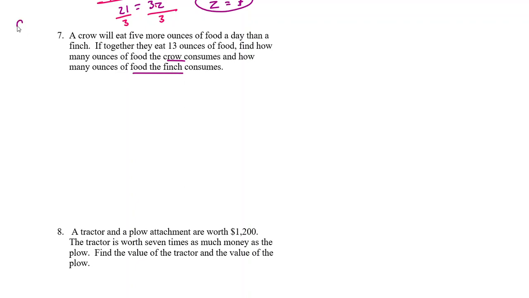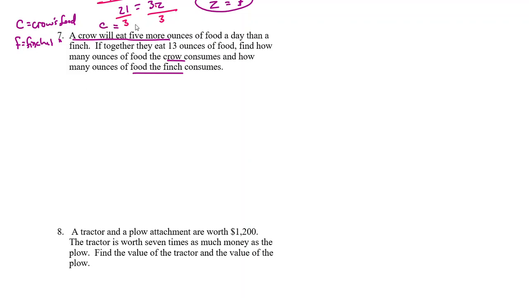So I'm going to say C for the crow's food, and F for the finch's food. So this first sentence, a crow will eat 5 more ounces of food than a finch. So a crow will eat what?